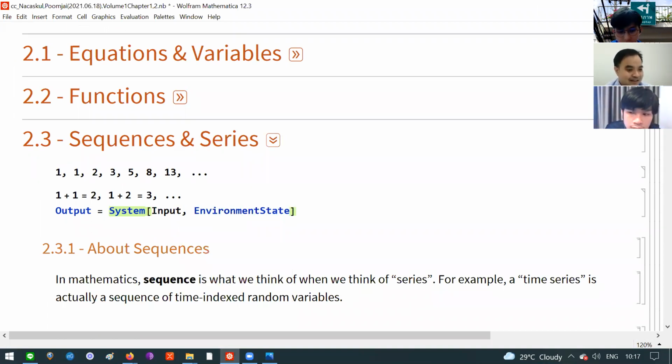Then this output becomes an input. So this is input 0, environment state 0.